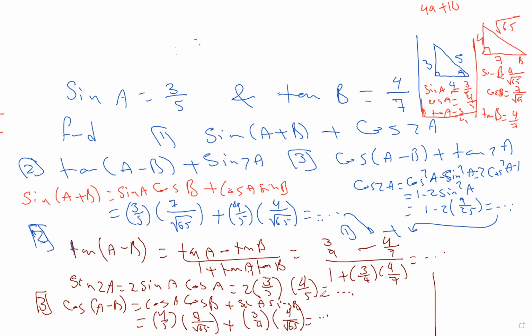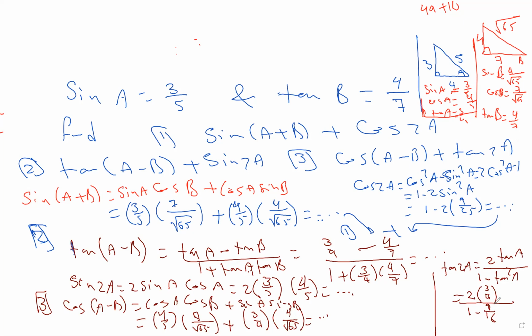The last one is tan 2A, which is 2 tan A over 1 minus tan squared A. Substitute tan A, which is 3 over 4: 2 times 3 over 4, divided by 1 minus 9 over 16. Okay?